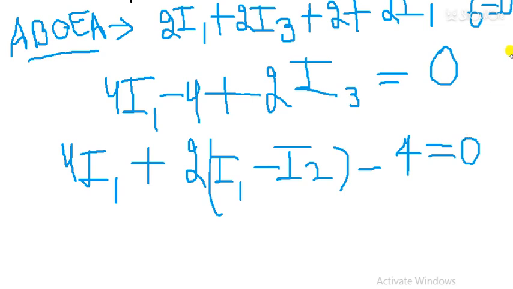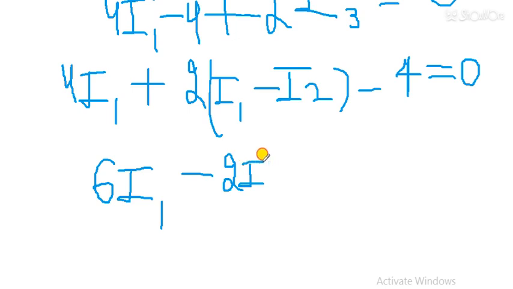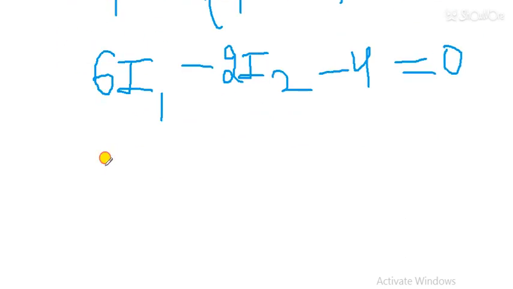Now students, after solving it, you can see here it will become 6I1 minus 2I2 minus 4 equal to 0. I can take 2 common from here because somewhere I need the simplest equation.